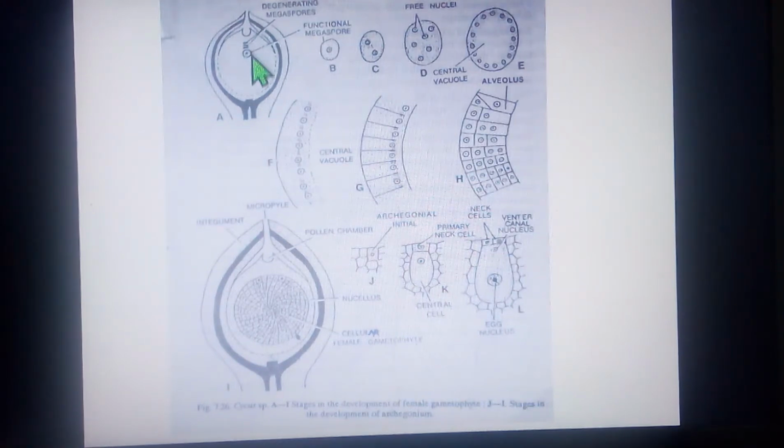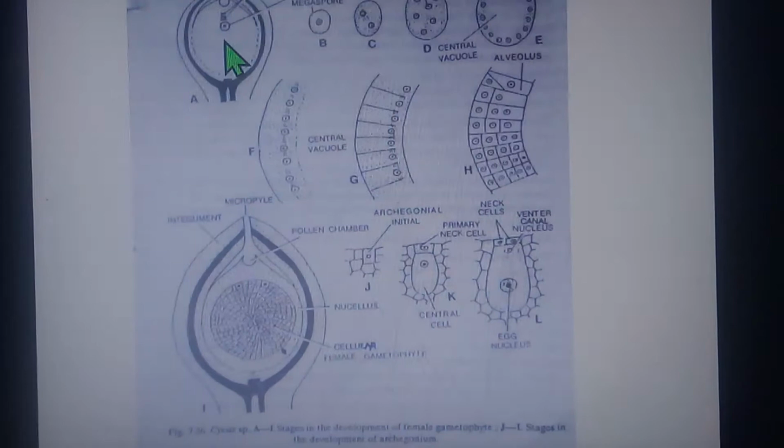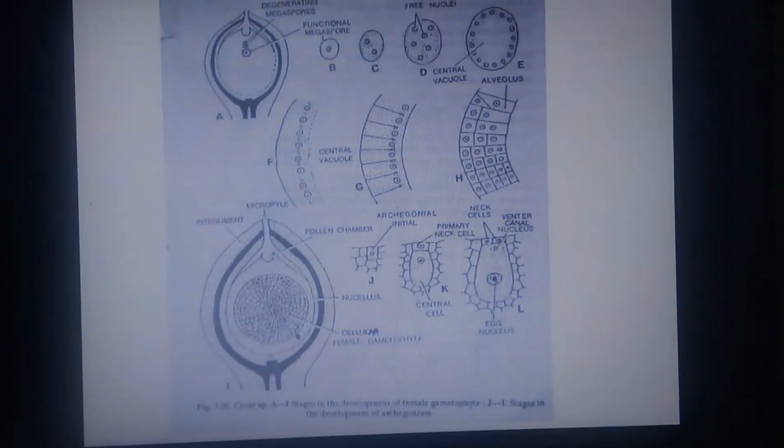Okay, it will become the functional megaspore, while the rest 3 megaspores will degenerate. You can see here in this figure that the 3 megaspores degenerate, whereas the one which is facing the chalazal end will become the functional megaspore.